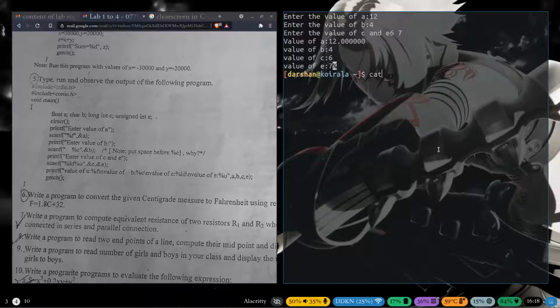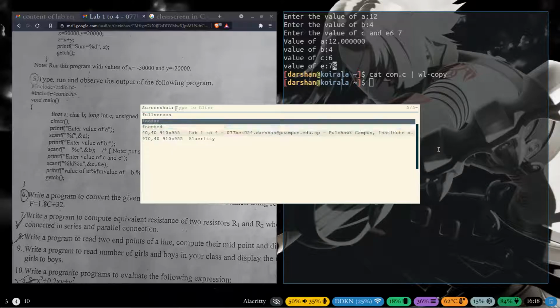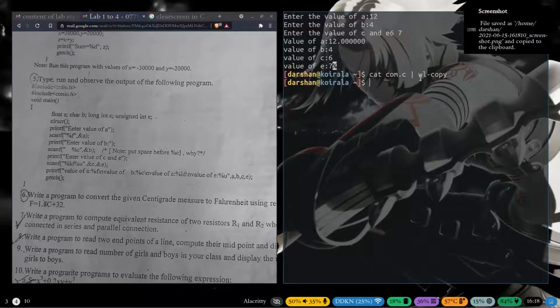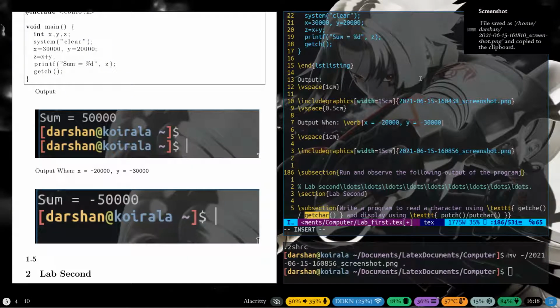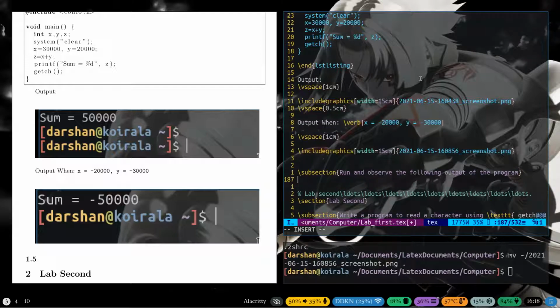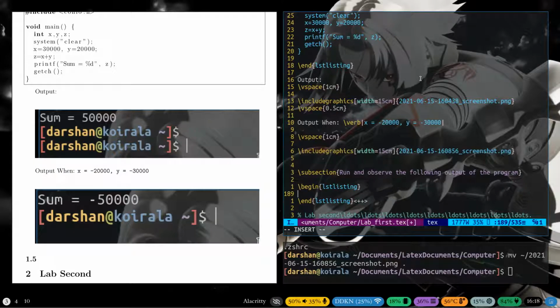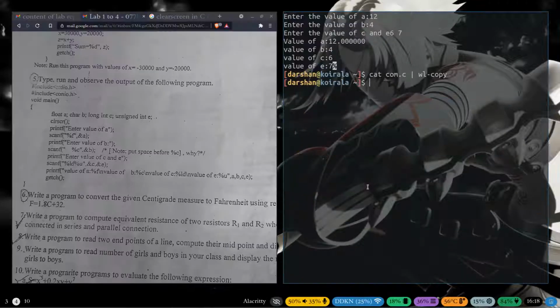So let me copy that, cat com.c, copy, and let me screenshot it. That much. Okay. Program listing. Why the heck is it not? No. Why the heck is it like that?